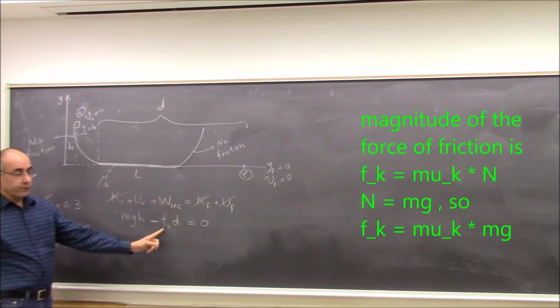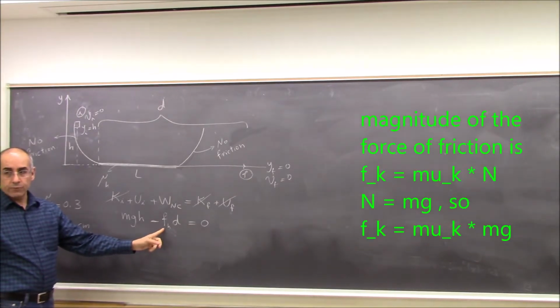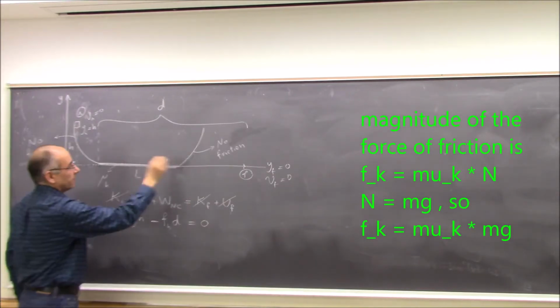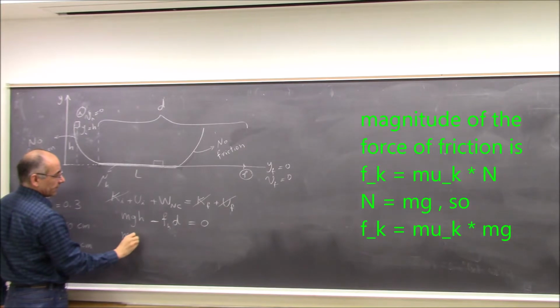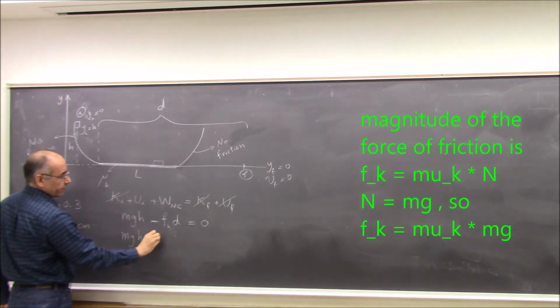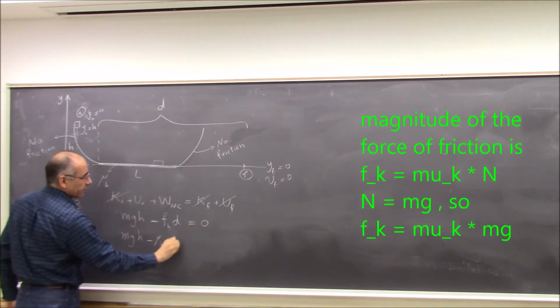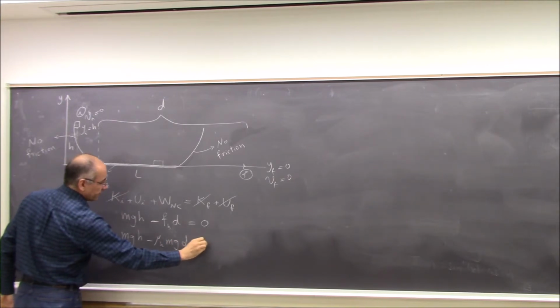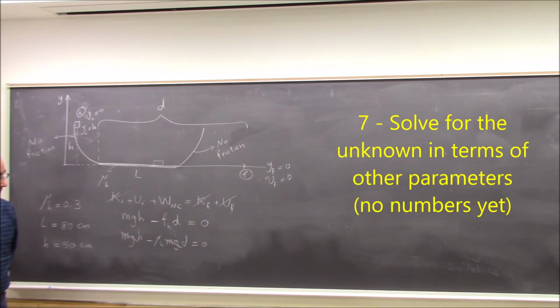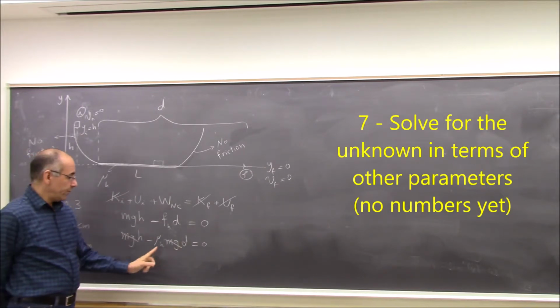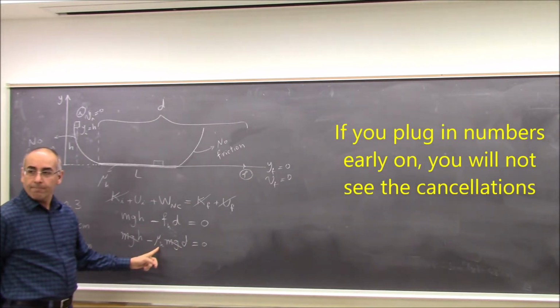And the force of friction is mu k times the normal force. Here, the normal force is the same as its weight, so mgh minus mu k mgd should be equal to 0. And then mg cancels, so you see that d will be equal to h over mu k.